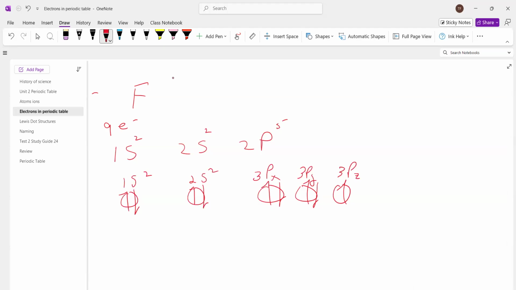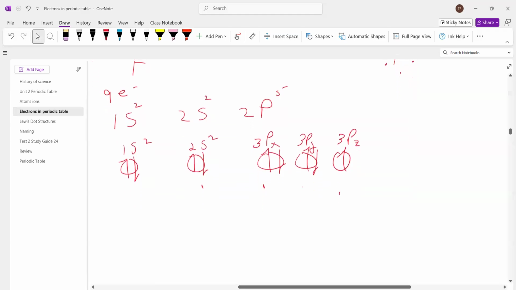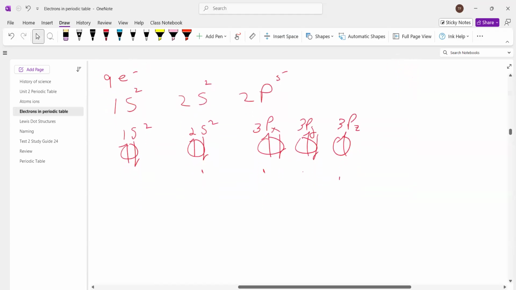Now, when you're doing Lewis dot structures, three pairs, 1, 2, 3, one singleton. Okay. Any questions on that? Okay.